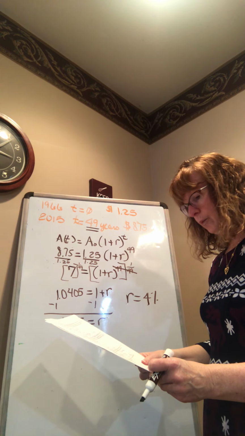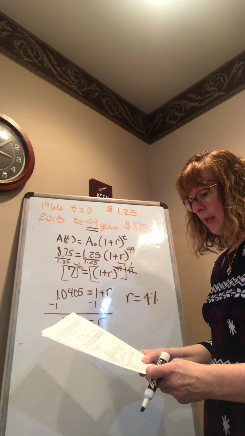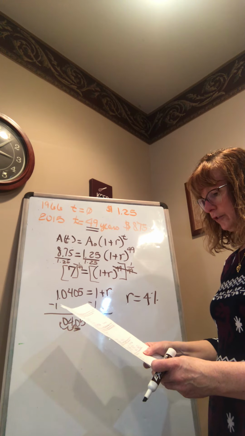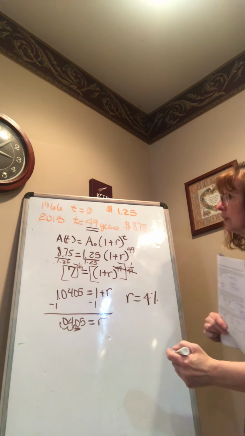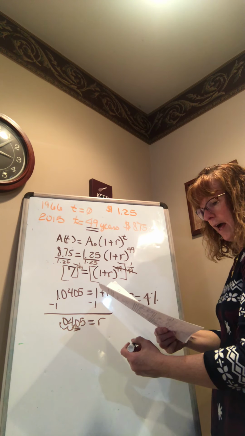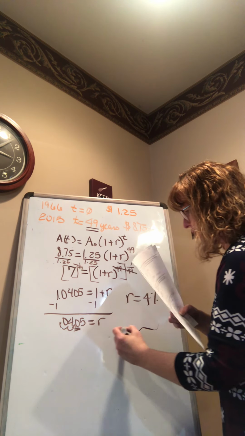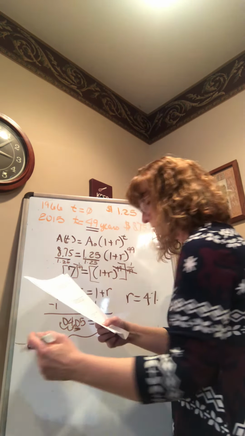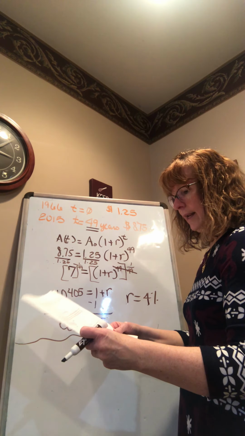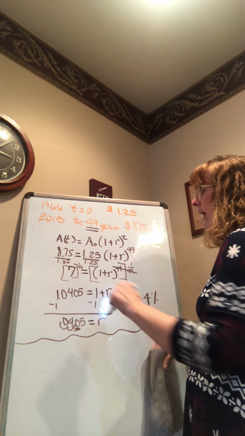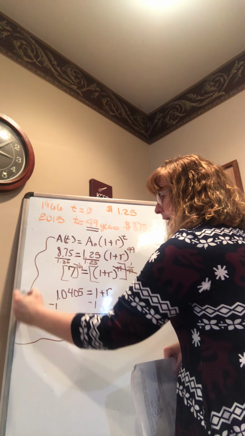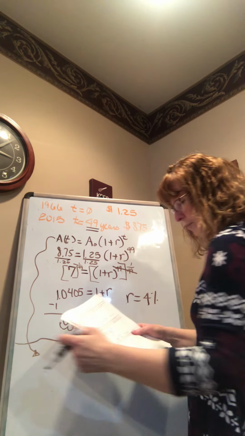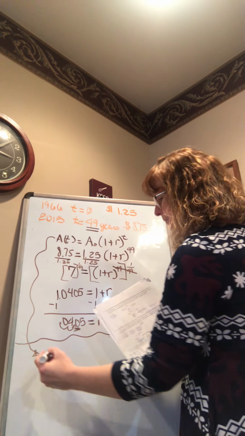Number 8 is another one that is not short answer. A house purchased 5 years ago for $100,000 was just sold for $135,000. Assuming exponential growth, they want an annual growth rate. So again, same formula. We're bringing the same formula down to this problem now, which is problem 8.